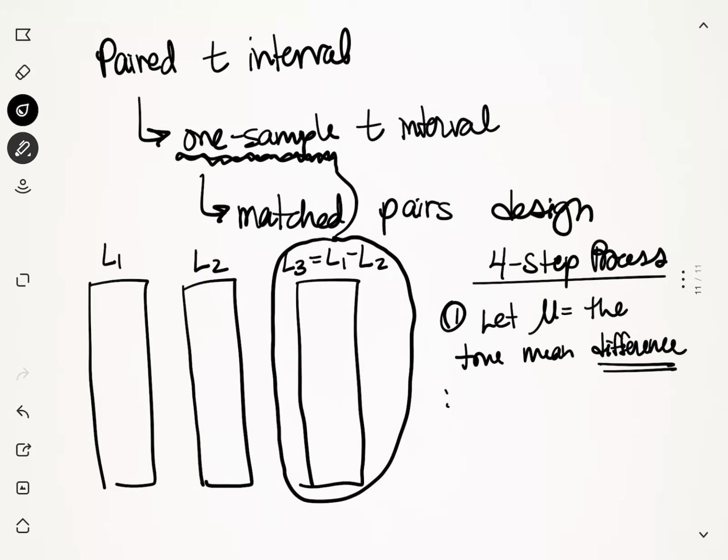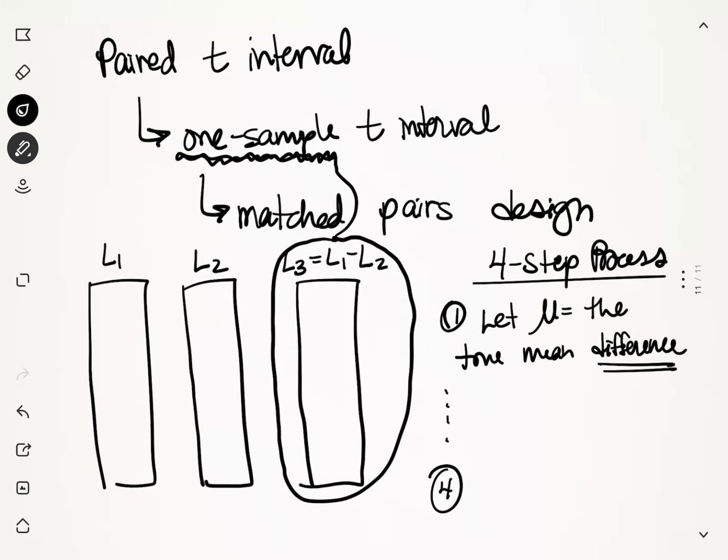And then step number 4, when we go to interpret our confidence interval or make our final conclusion, we want to refer back to that parameter we defined in step number 1.